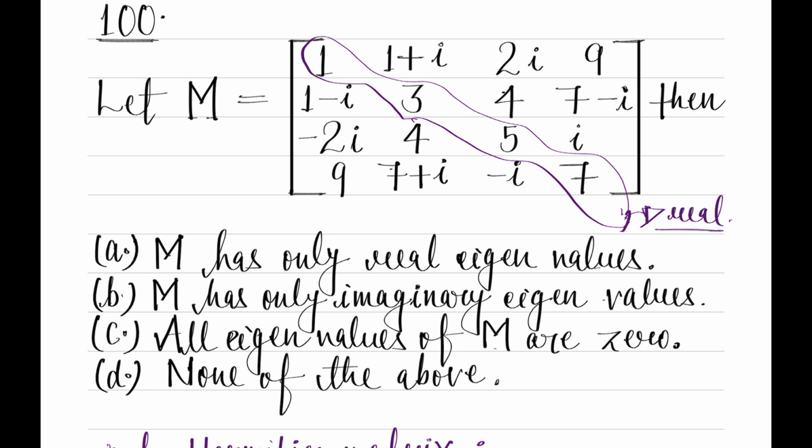For a Hermitian matrix, diagonal elements must be real and the rest of the elements should be complex conjugates. 1 plus i, then this should be 1 minus i, and here 2i, then this should be minus 2i, and likewise 7 minus i, then this should be 7 plus i, and here we have i and here minus i. Finally we have a matrix whose principal diagonal elements are real and remaining entries are corresponding conjugates.